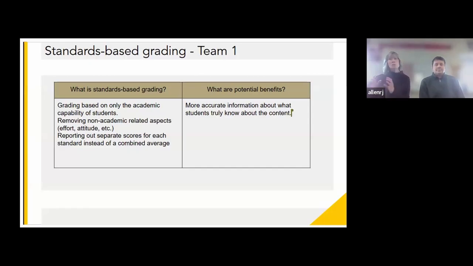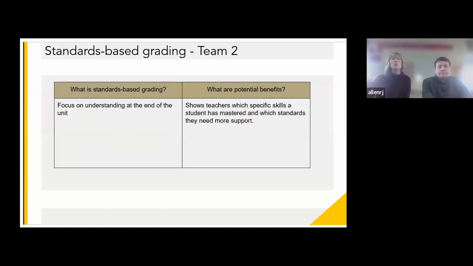And we could see which students were really good in terms of getting homework done on time, keeping their binders organized, but struggled with the standards. So we gave 2 grades so that parents could see where student strengths and weaknesses lay, and that was a benefit to both the students and the parents.